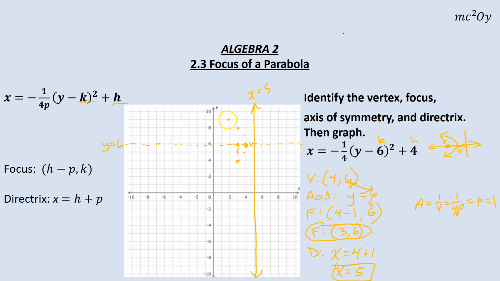So about there and there. So I get a parabola that does something like that. Alright, and we could keep graphing. I mean, my next point would actually be right there, I think, and right up there. So keep going if you wanted.